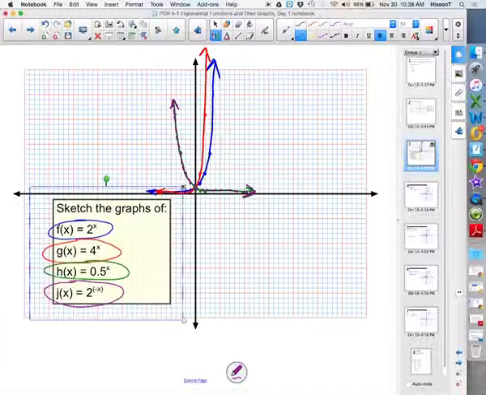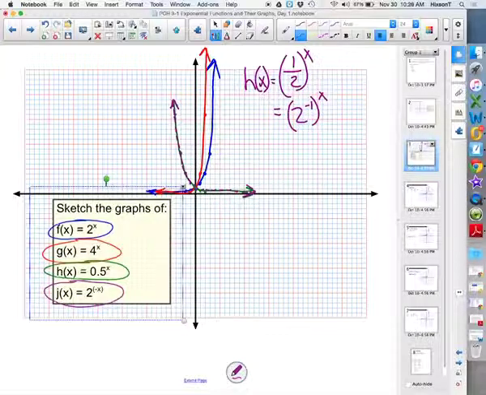If you think about this algebraically, 0.5 is 1/2, right? So that h of x is 1/2 to the x, right? And 1/2 is 2 to the negative 1 power, right? And you guys know if you raise a power to a power, what do you do with the exponents?